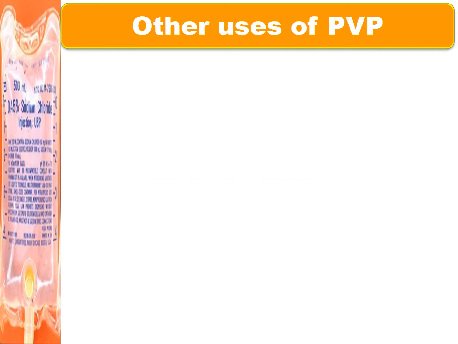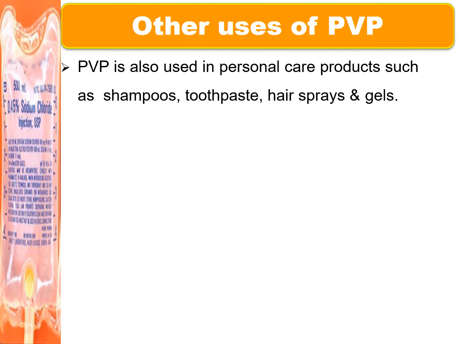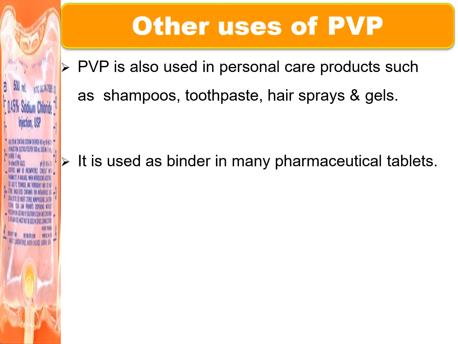Now, let us discuss some other uses of polyvinyl pyrrolidone. It is used in personal care products such as shampoos, toothpastes, hairsprays, and gels. PVP is used as a binder in many pharmaceutical tablets.